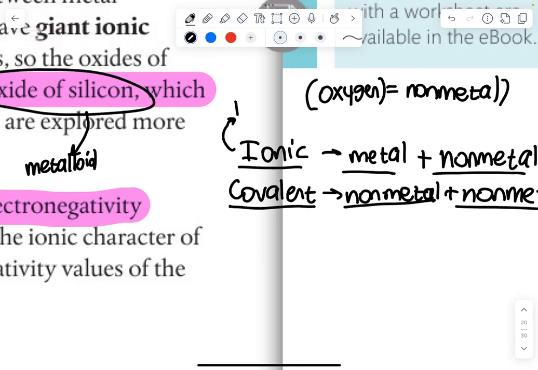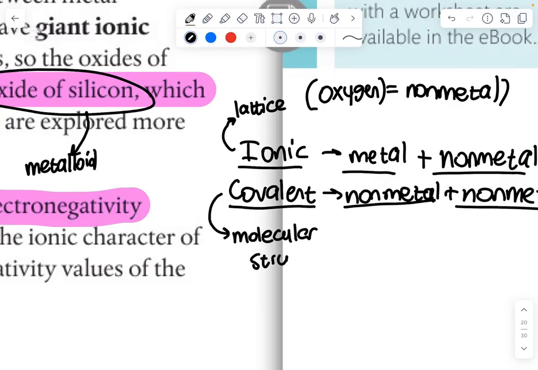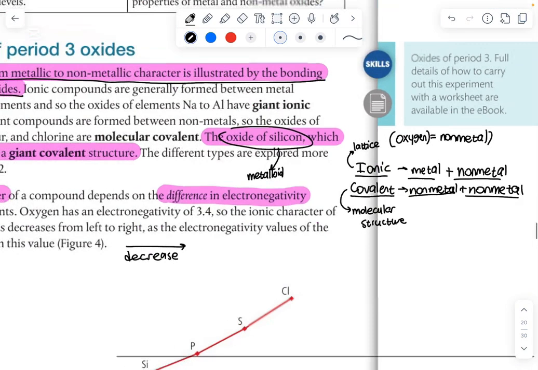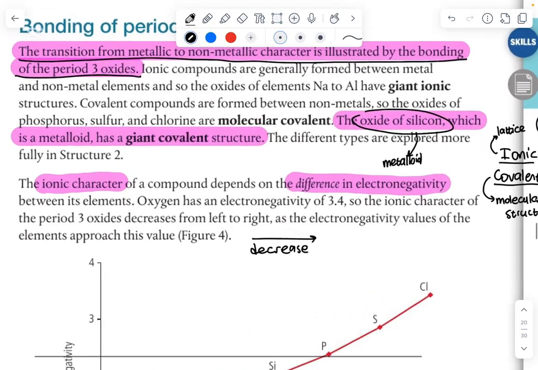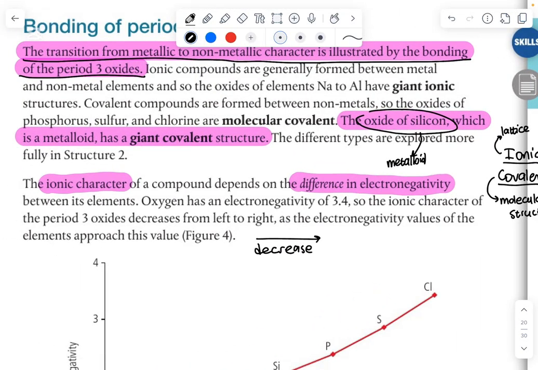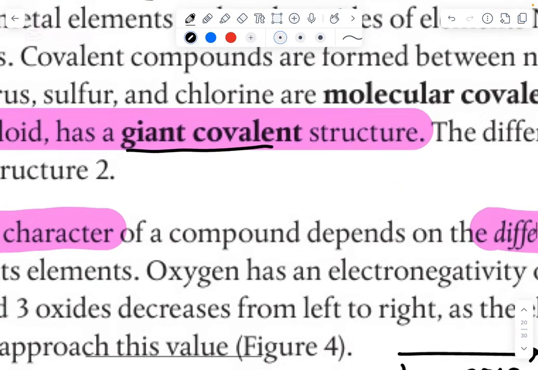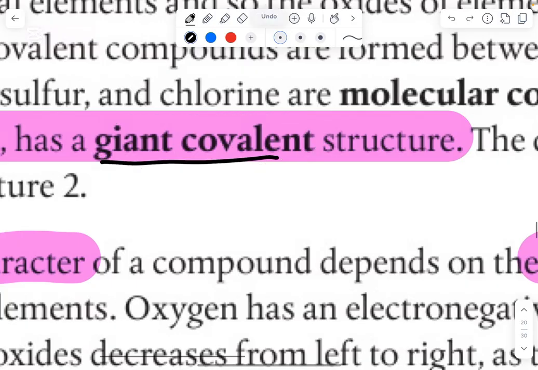Ionic structures have a lattice structure, which is a giant structure, and covalent molecules have a molecular structure. On the other hand, silicon, a metalloid, has a giant covalent structure. This means that there are repeating patterns, but also covalent bonding.